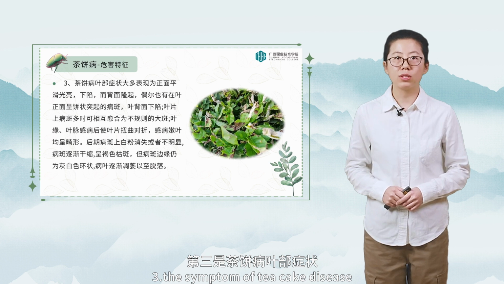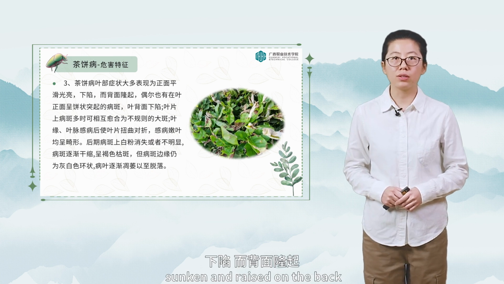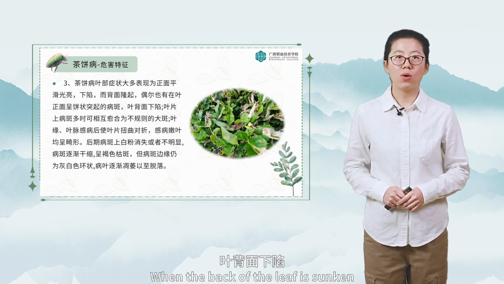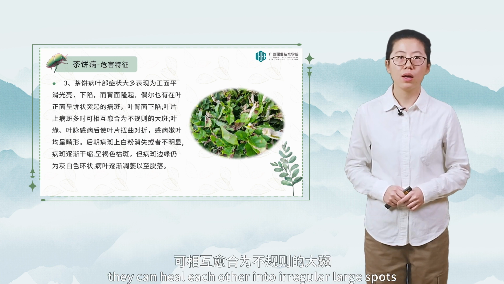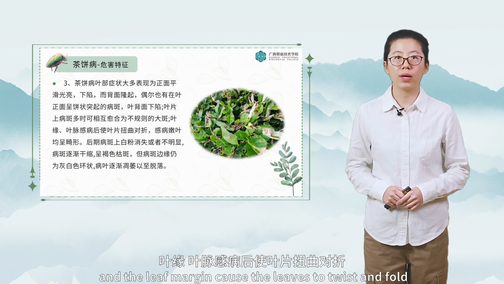3. The symptom of tea cake disease is mostly smooth and bright on the front, and sunken and raised on the back. Occasionally, there are cake-like lesions on the front of leaves. When the disease spots on the leaves are numerous, they can merge into irregular large spots. The infected veins and leaf margin cause the leaves to twist and fold.